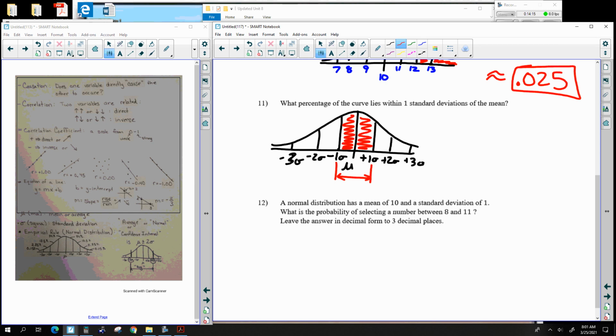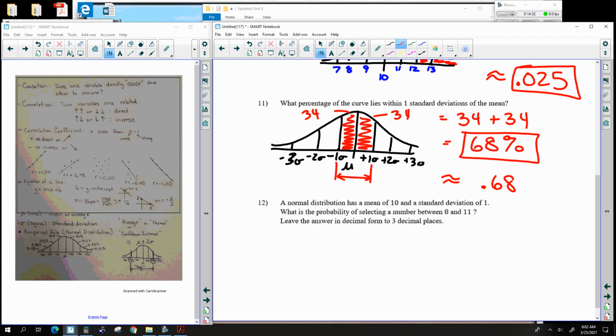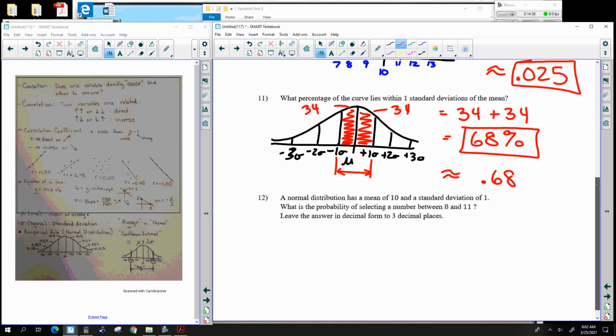So 1 up and 1 down is within 1 standard deviation. So that'd be 34 and 34. 68%, they ask for the percentage, so there it is. If they ask for a decimal, it'd be 0.68. But they asked for the percentage, so I gave them the percentage.